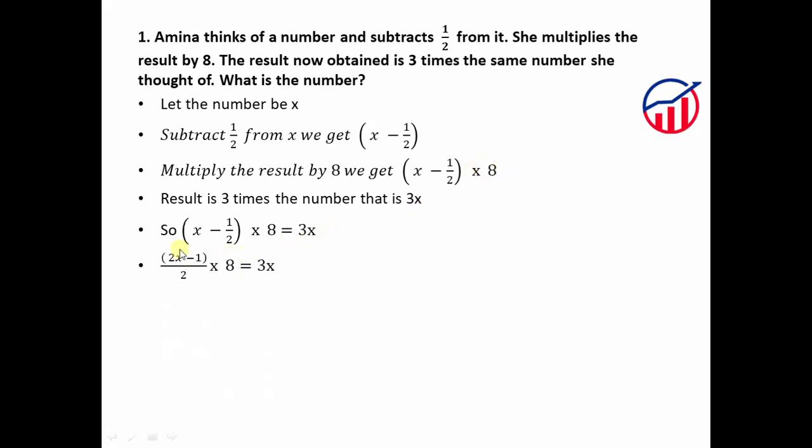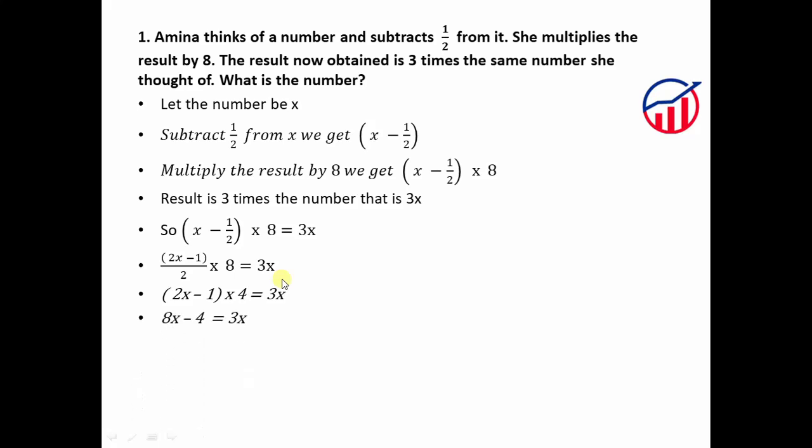Solving it further, you have 2x minus 1 upon 2 into 8 is 3x. 2x minus 1 into 4, 2 4s are 8 over here, is equal to 3x.